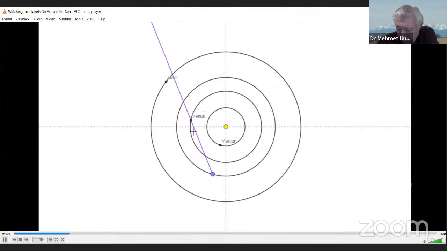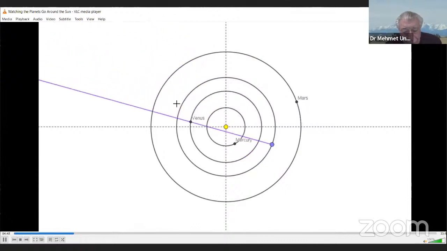The inner planets move faster than the outer ones. And here comes Venus. And there we go. As it goes in between the Earth and the Sun, it backtracks. By backtracking, it's like this line of sight rotates clockwise. That's a brief interval, and then it returns to its average motion.